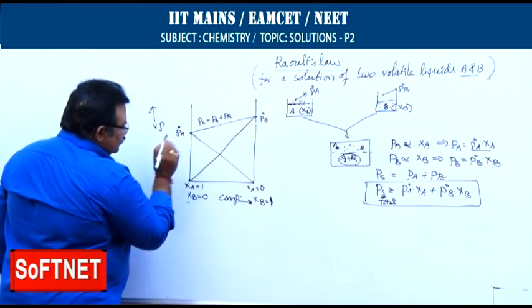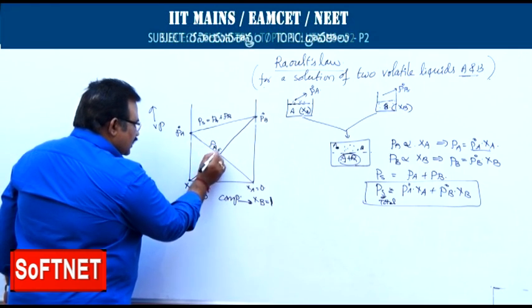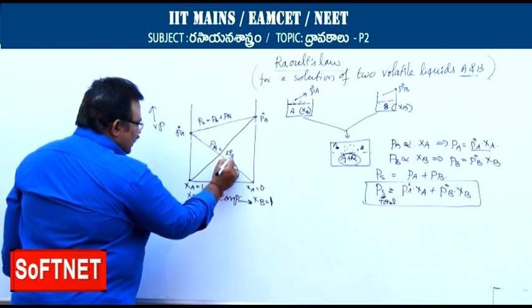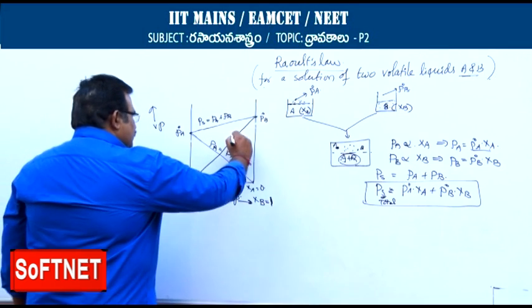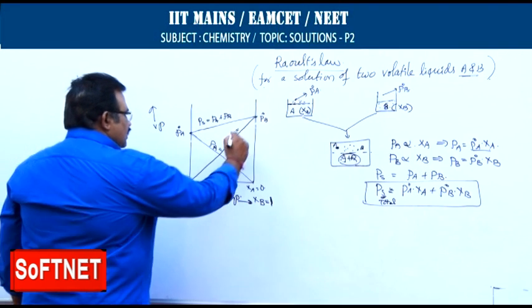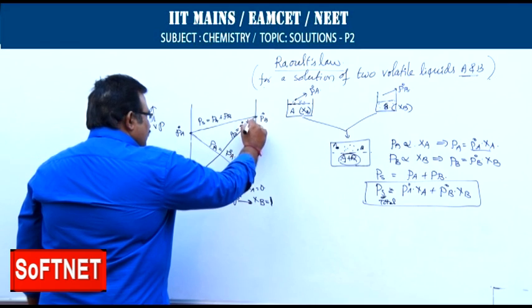This is the partial pressure of A component, which is equal to P naught A into XA. This is the partial pressure of B component, which is equal to P naught B into XB.